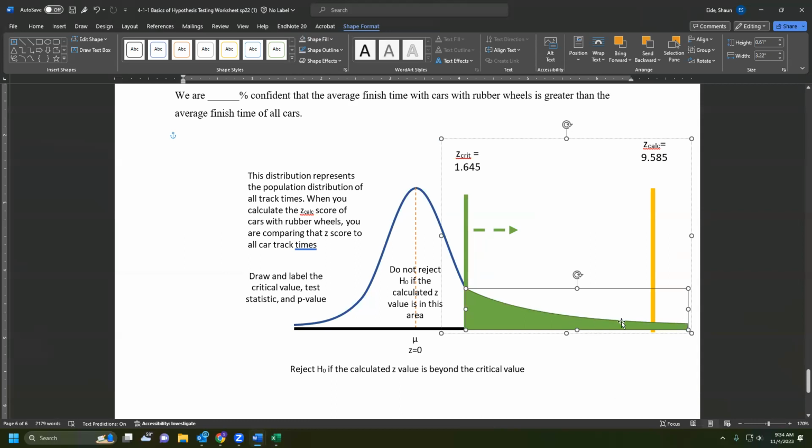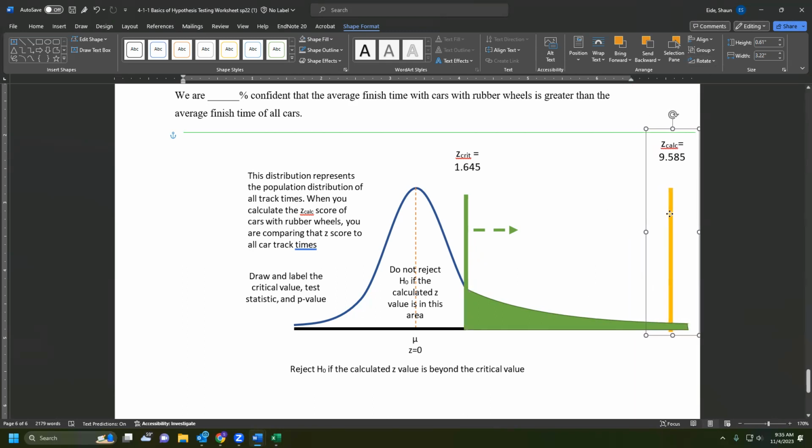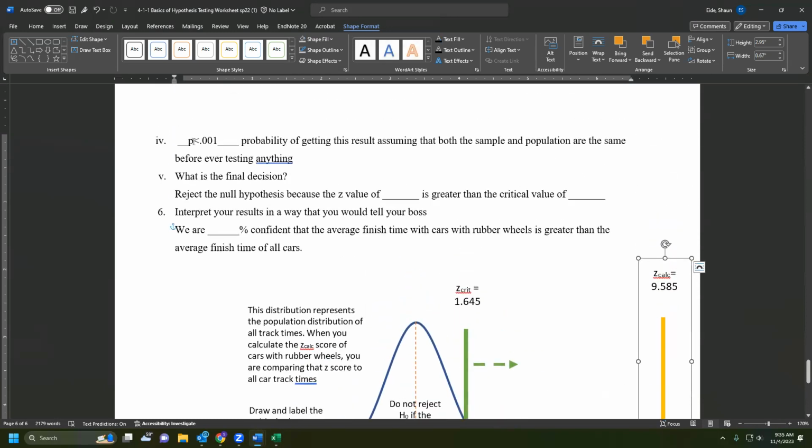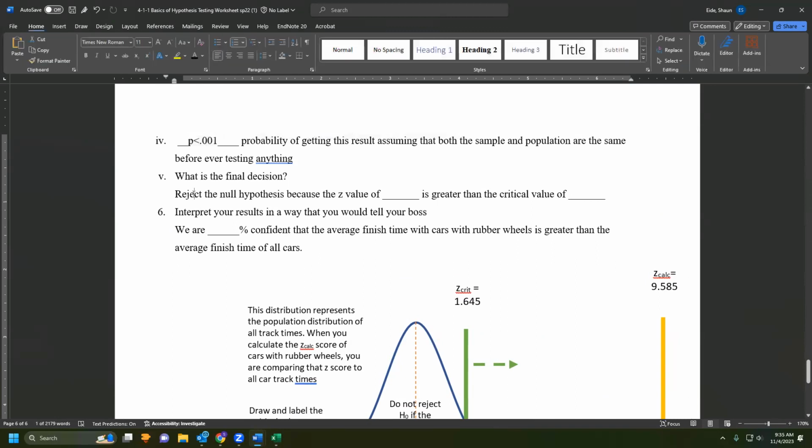The probability of getting this 9.585 is so minuscule that it's virtually 0. But we can't say that it's 0, we have to say it's virtually zero or virtually non-existent. In other words, the probability of getting it is so low that we're going to say it's less than 1 out of 1,000 times or less than 1 out of 10,000 times that we would randomly get this.